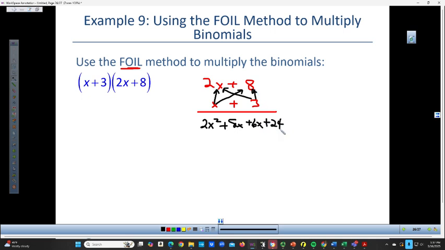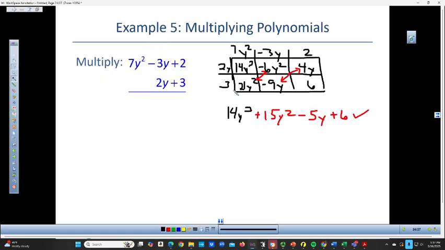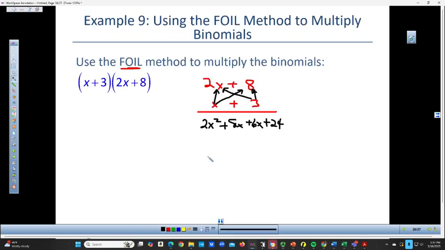So it's just a matter of, do I like this way? Am I more of a FOIL person? Or does the box make sense, right? It's just whatever way makes the most sense to you when you are multiplying these polynomials. Okay, well, at any rate, we still need to simplify this. So 2x squared plus 14x plus 24. And now we are done.